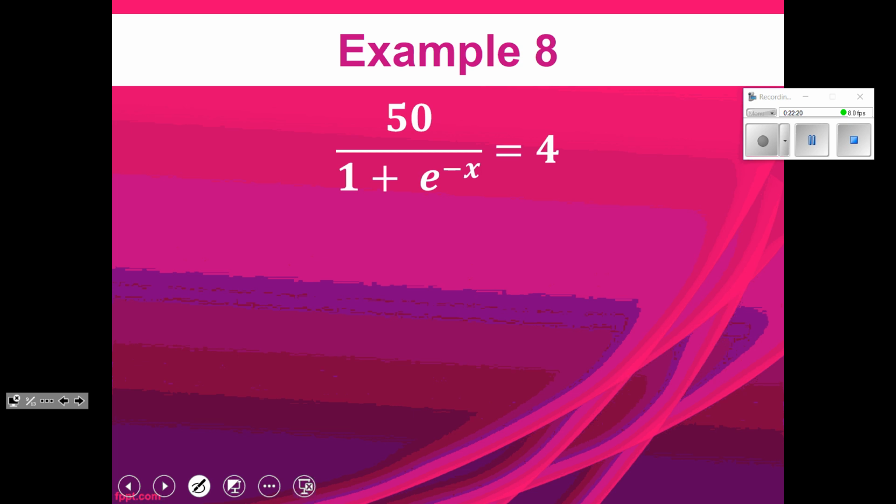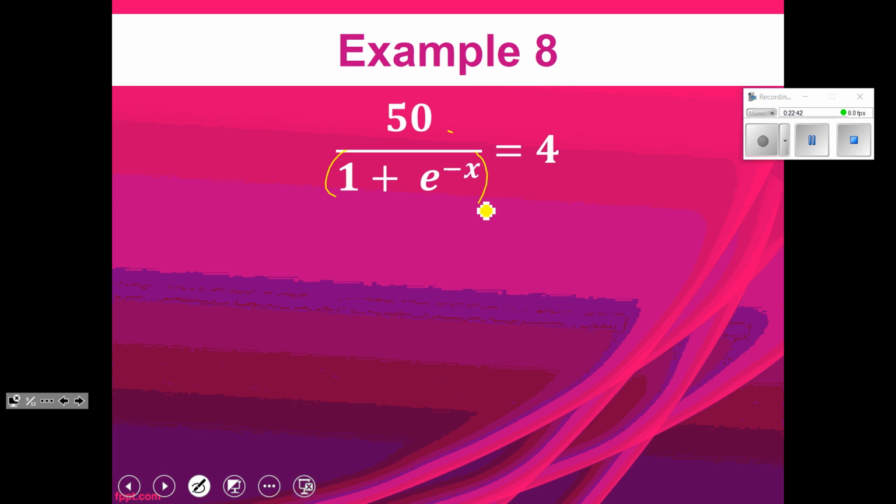So we're wrapping up shortly. What if you have one like this? I wouldn't take a log here, because this is a binomial. You can't just take the log because it's part of a binomial.